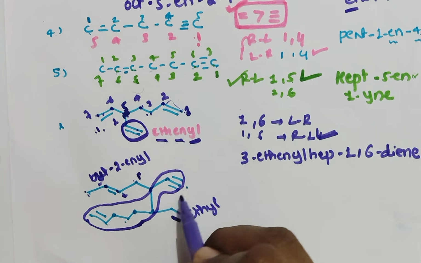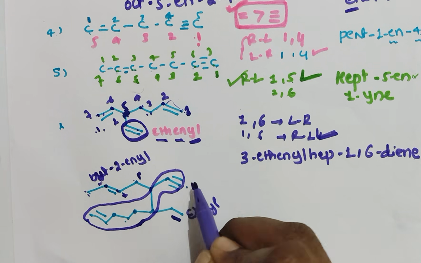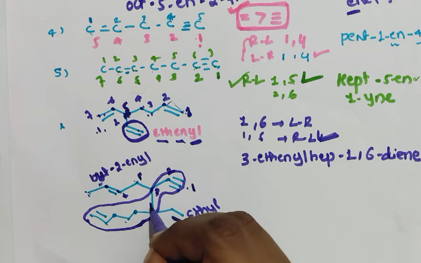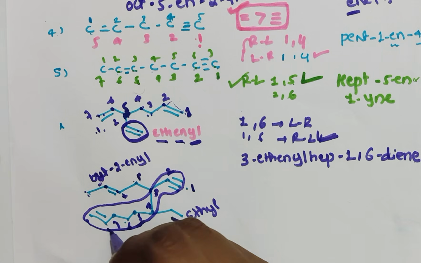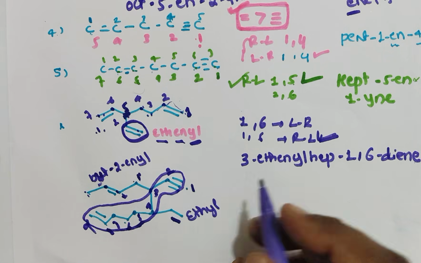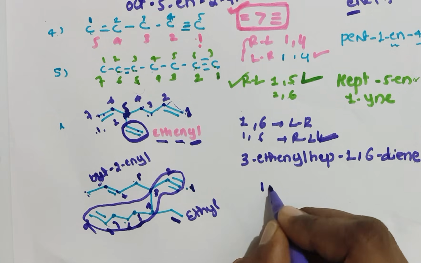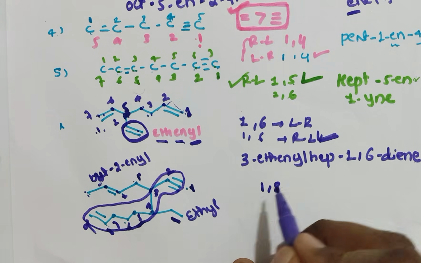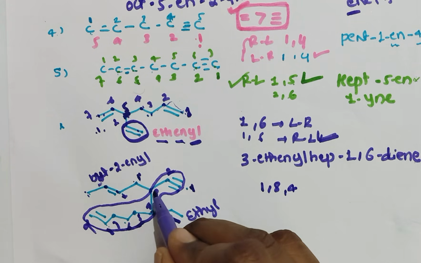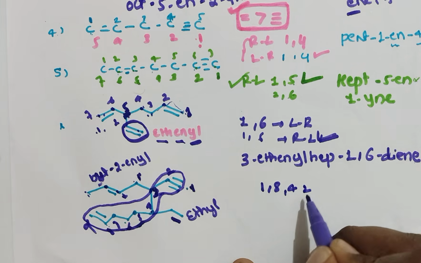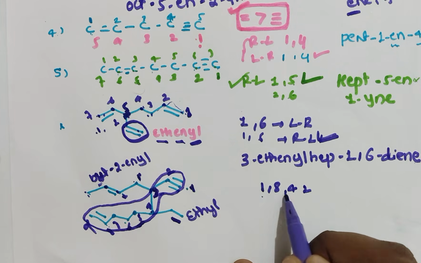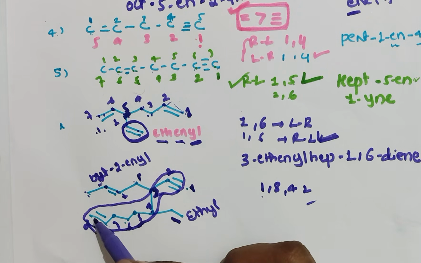Then what about numbering? 1, 2, 3, 4, 5, 6, 7, 8, 9. The triple bond is between 1 and 2, therefore the locant is 1. The double bond is between 8 and 9, the locant is 8. What about the prefixes? 4 and 2, so the locants are 1, 2, 4, 8. Numbering from the other side, what happens?